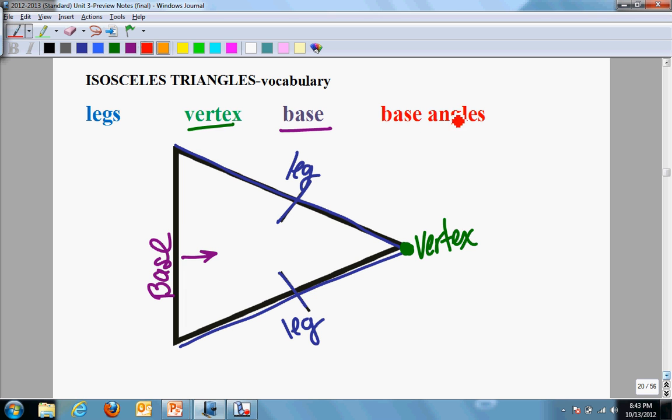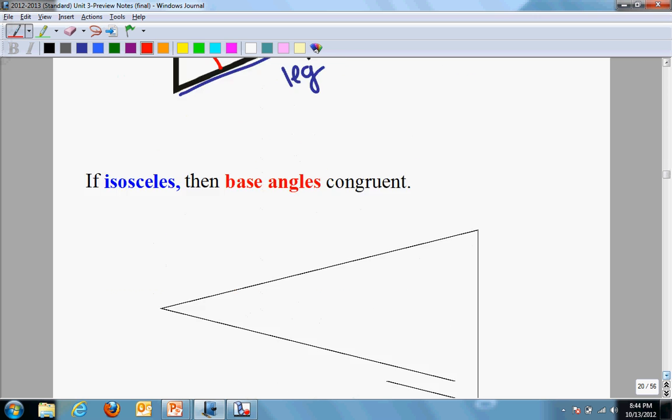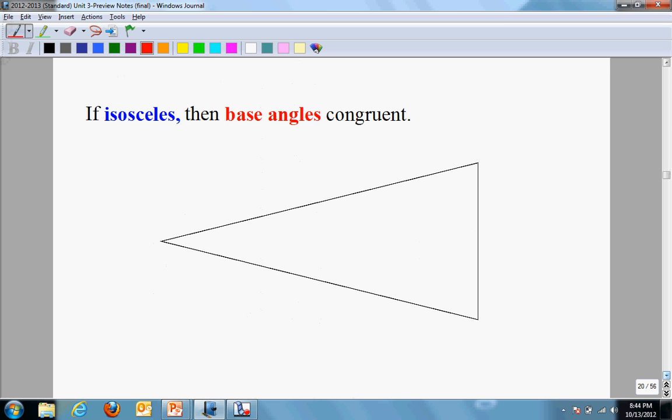Base angles are the two angles connected to the base. These are called base angles. Plural. Knowing this, if you have two equal sides, you have two equal angles. So let's do this.